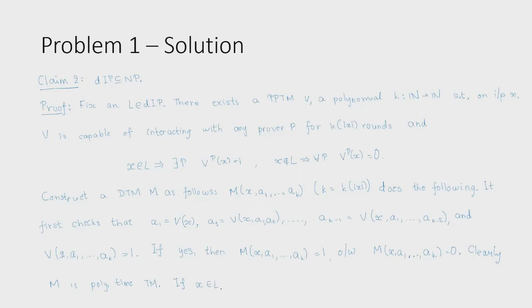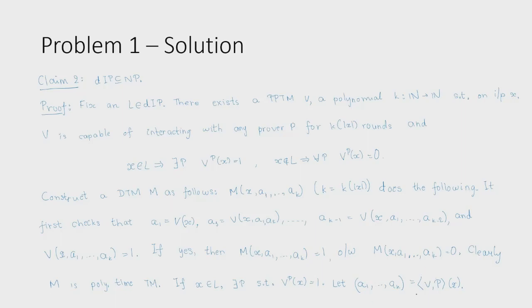Now if X is in L, there exists P such that the output of V with P on X is equal to 1, right? Let A1 to AK, this tuple, okay, so what do I mean by this notation?